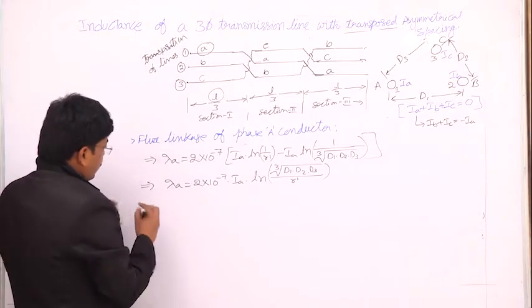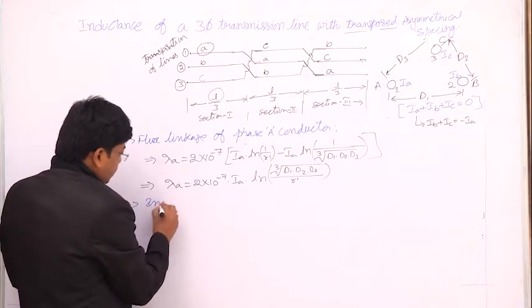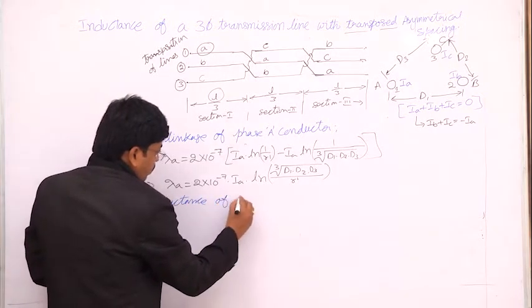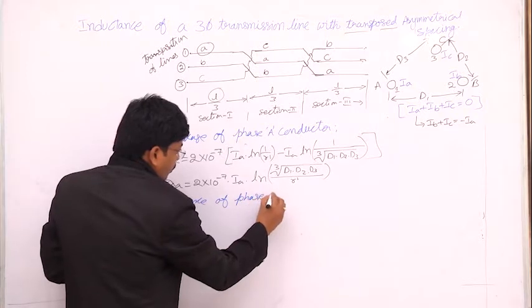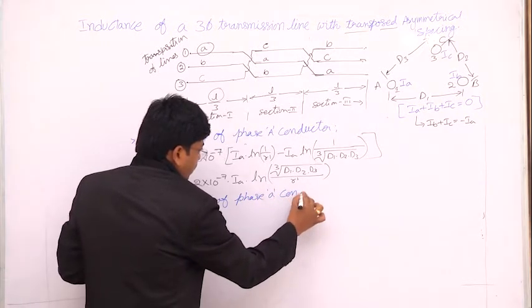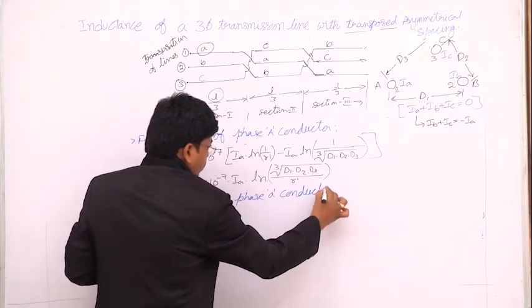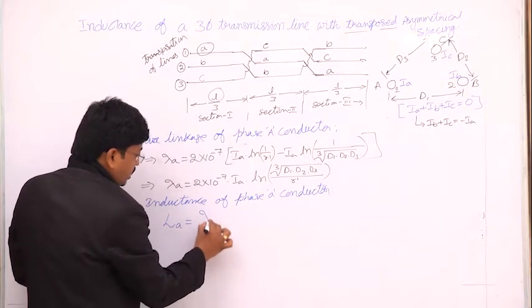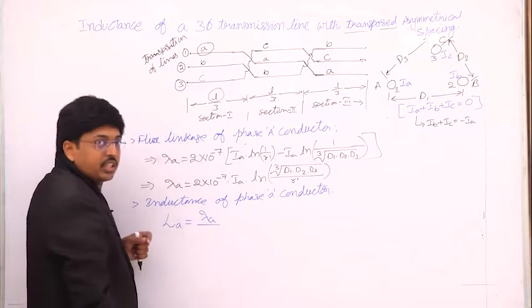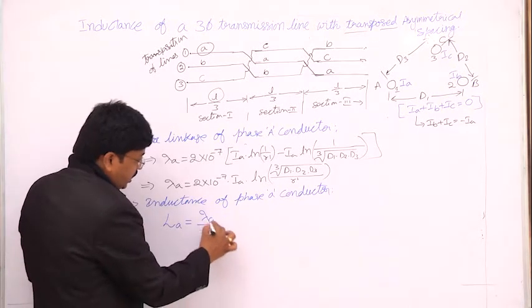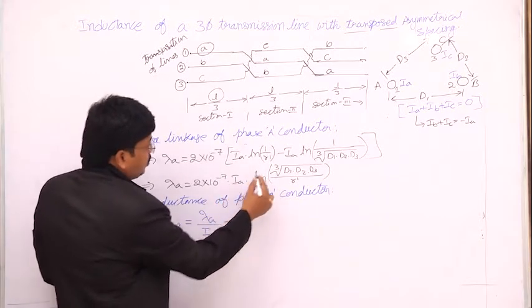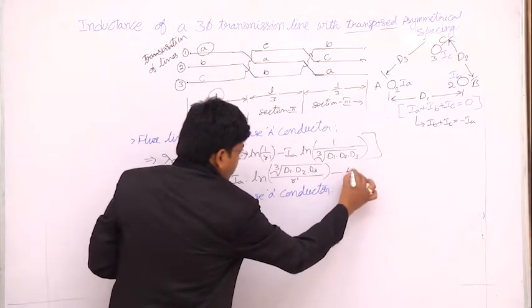From that we can calculate the inductance of phase A conductor. We can get LA equal to the ratio of flux linkage of conductor A to the current flowing through conductor A. It is lambda A by IA. Now substitute the lambda A value from this equation, let it be taken as equation number 4.